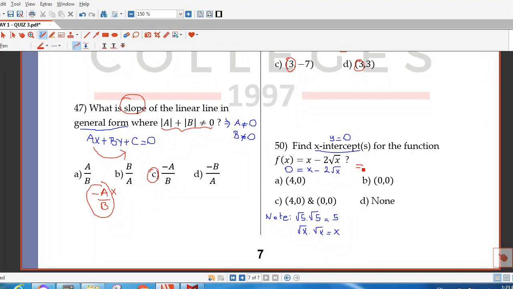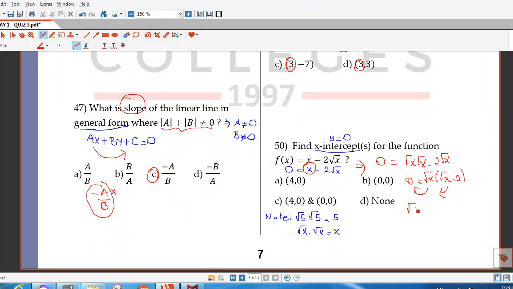If I turn back to my solution, 0 is equal to, instead of x, I am going to write the product of root of x and root of x, minus 2 root of x. So root of x can be taken as a common factor, root of x times (root of x minus 2). Equalize each of them to 0.